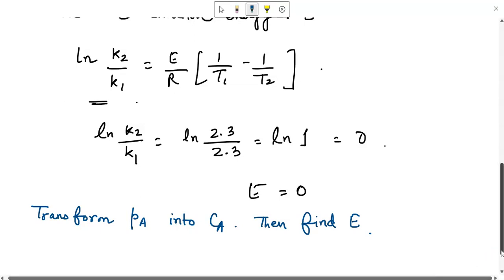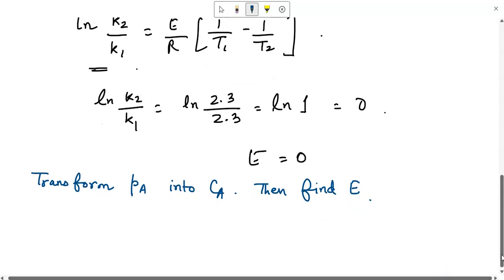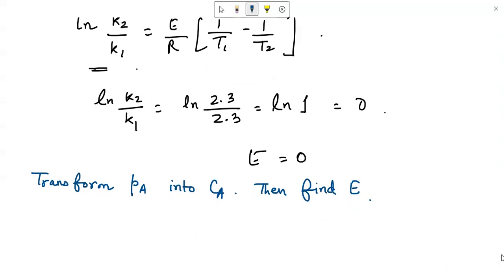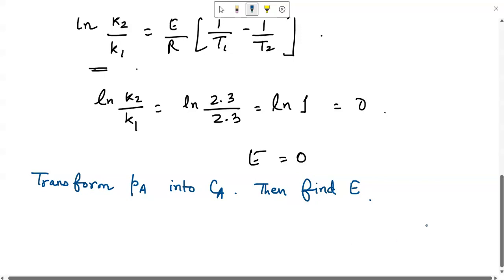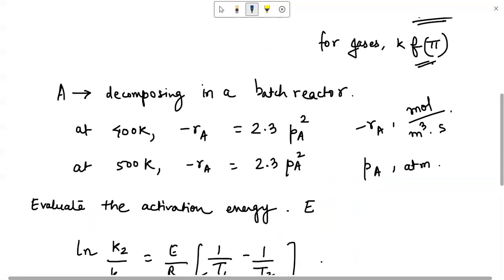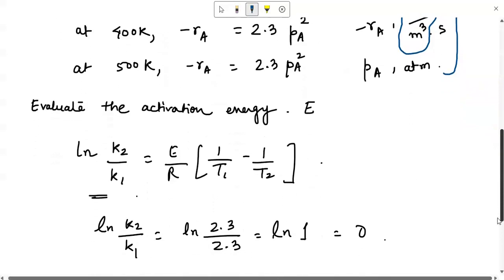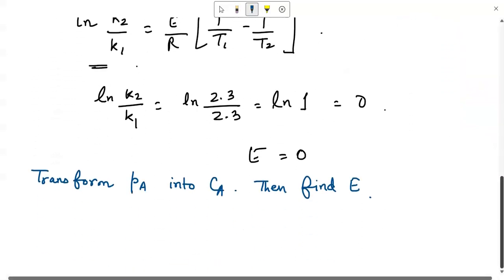The activation energy, if calculated using the pressure units, is incorrect. So you have to use the concentration dependent term. And intuitively, you can see the discrepancy in the units of the rate of reaction and the term which was dependent on pressure. Here you already have the concentration term, so obviously the right thing to do is to convert the pressure measure into a concentration measure.